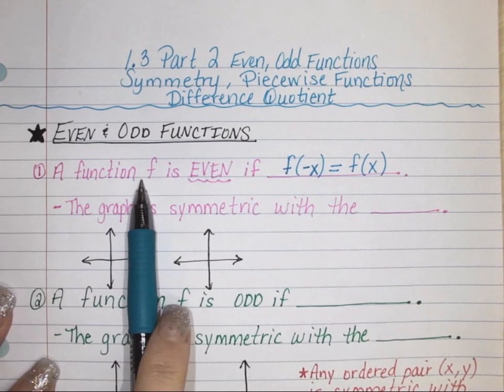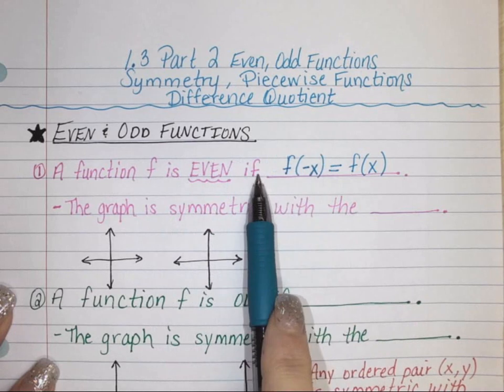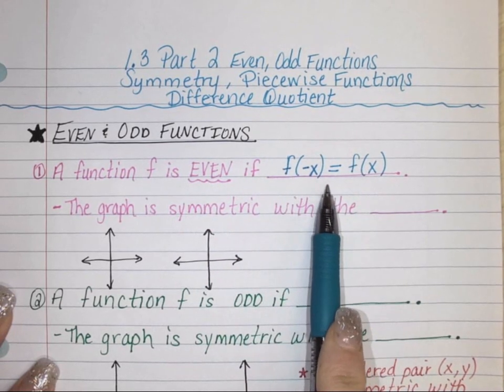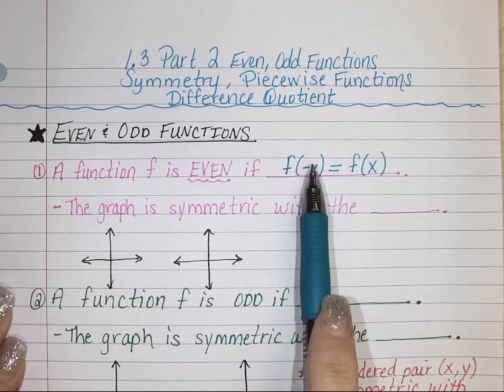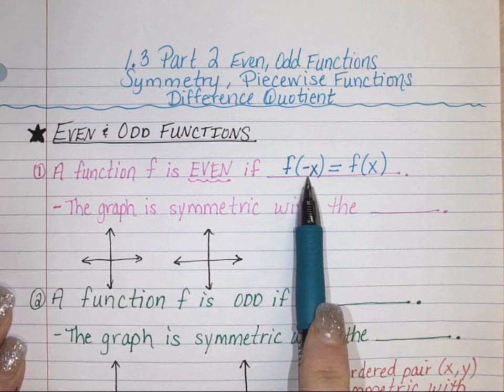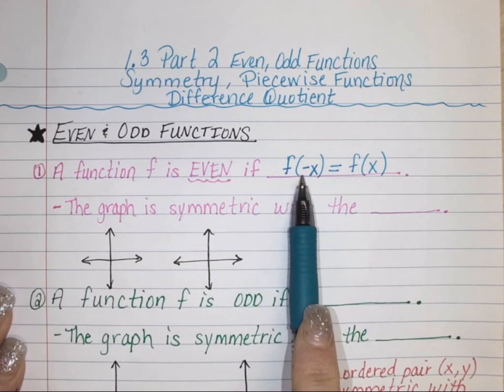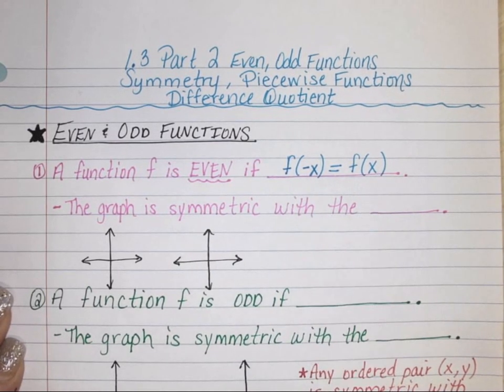So a function f is even if this is true. And this simply means if I take negative x and I plug into my function's equation and I get out the same exact function, it's even.